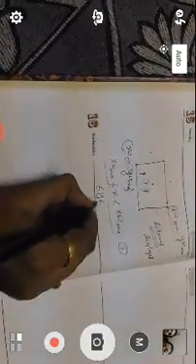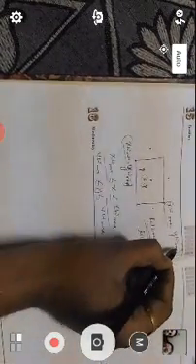Another two conditions: once again, y should lie in between yw min and yw max. It means that yw min should be less than y, and y should be less than yw max.